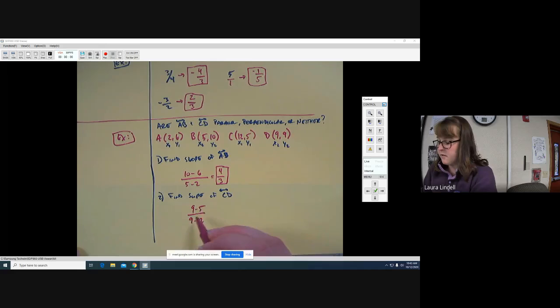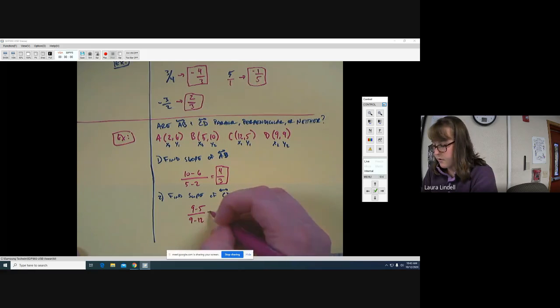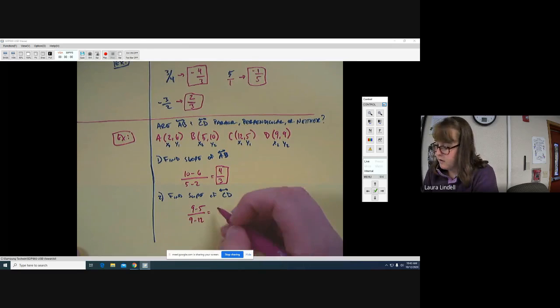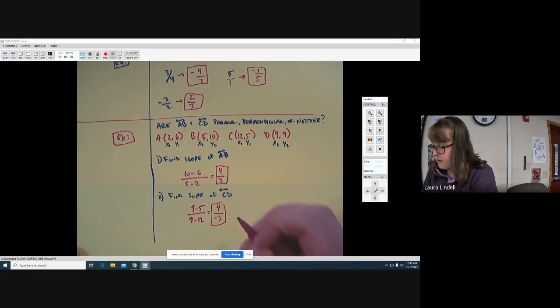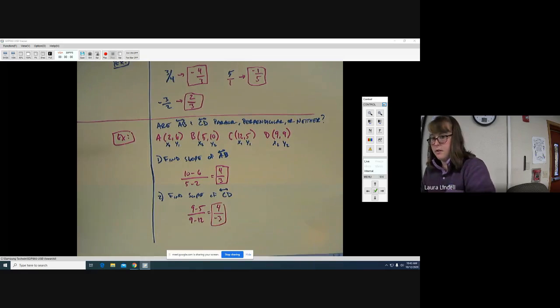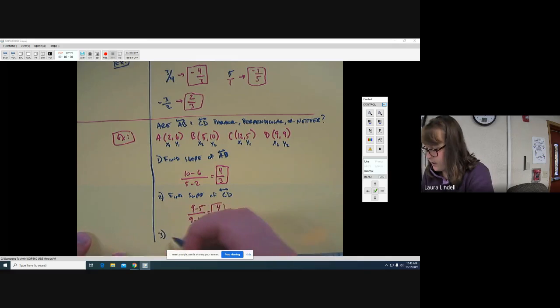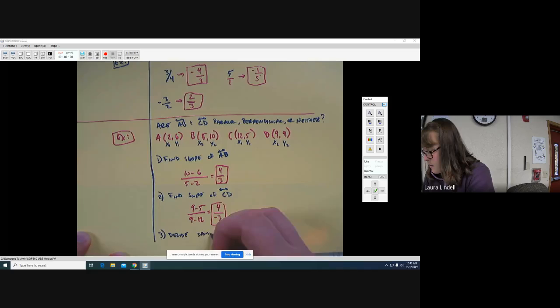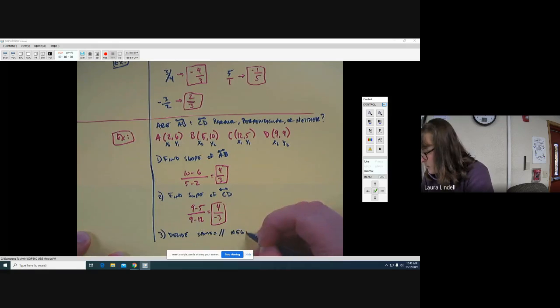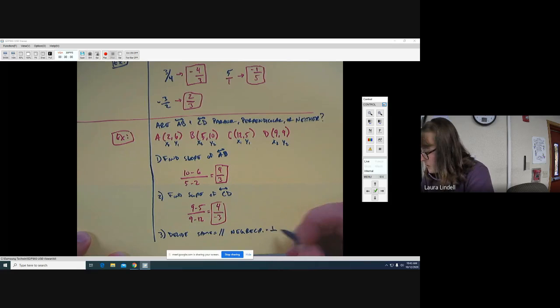You've got 9 minus 5 over 9 minus 12. You're on the right track. You should get 4 over negative 3. And then step 3, decide. If they are the same, then they would be parallel. If they are negative reciprocals, that would be perpendicular. If neither one is true, then neither.